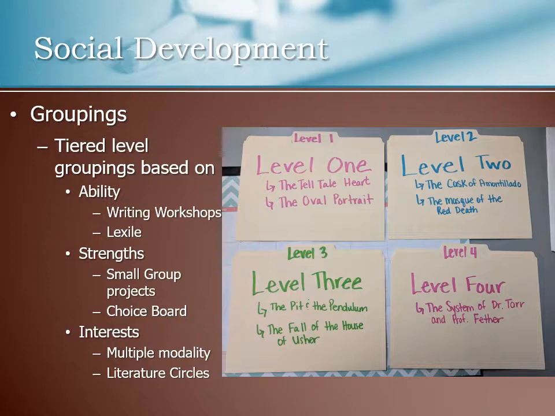What you see in the picture is an example of one of the tiered Lexile folders for Edgar Allan Poe. Again, we're working on this unit now. What was done here was the students were given a story based on their Lexile score, as well as general ability level within the classroom. So you'll see level 1 has the easiest stories and level 4 has the hardest story.